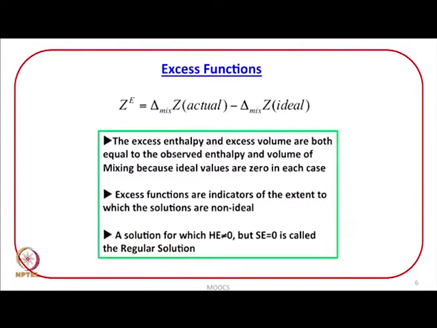Now, let us look at the comments. Since in an ideal case delta H mixing is 0 and delta V mixing is 0, therefore, excess enthalpy and excess volume are both equal to the observed enthalpy and volume of mixing. Whatever we experimentally determine in case of delta H mixing, that will be excess enthalpy, because the enthalpy of mixing for the ideal case will be 0, and the same applies to volume.